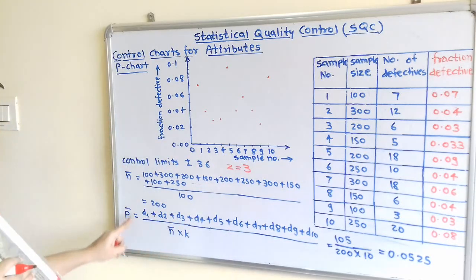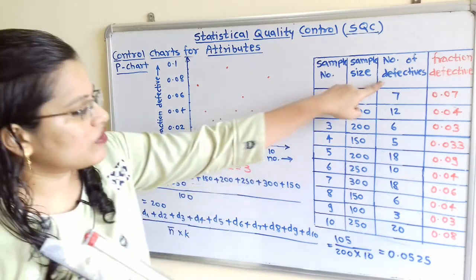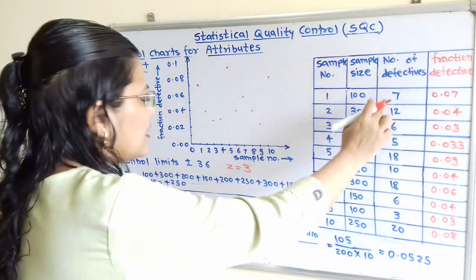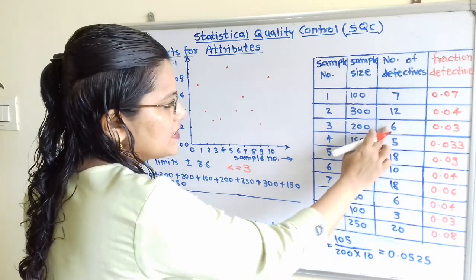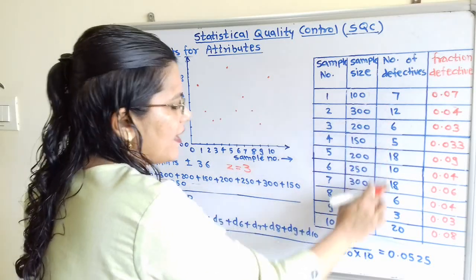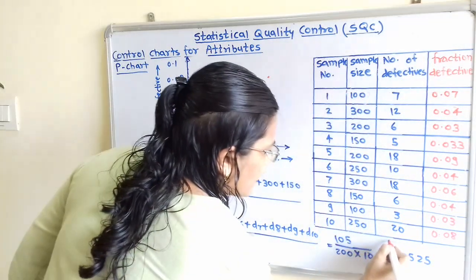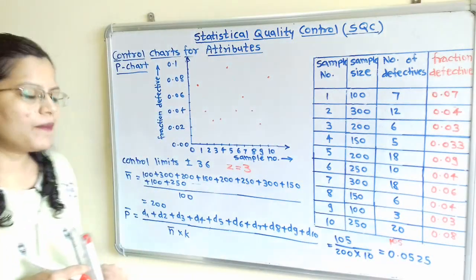Now we will calculate p bar. How to calculate p bar? That is the addition of all these defectives. If we add all these defectives, d1 is 7, d2 12, d3 6, d4 5 and so on, up to d10, this addition is 105, divided by n bar into k.